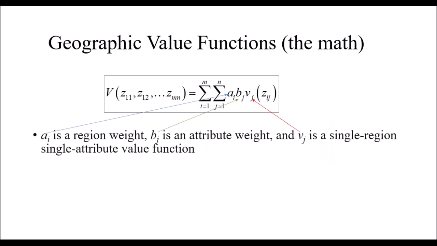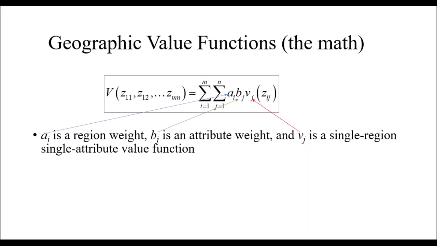If all these conditions are met, this is what the geographic value function looks like. If you've worked with multi-attribute preferences before, this may look pretty familiar. The only real difference is that we have a region weight as well. Right?